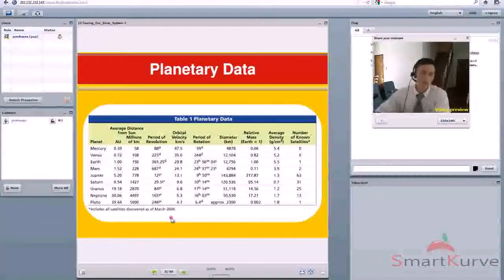So 1 day. Notice for Earth, our period of revolution, 365 and 1/4 days. Our period of rotation, 23 hours, 56 minutes, and 4 seconds.